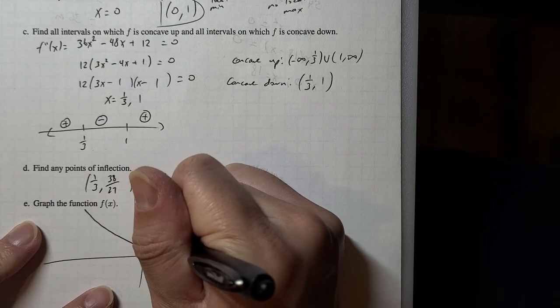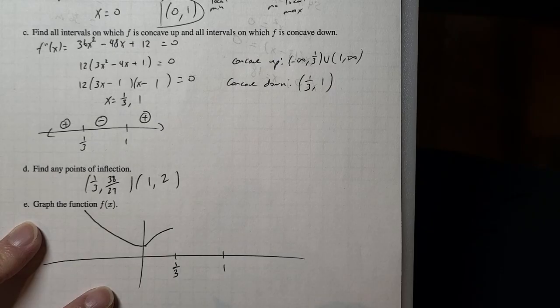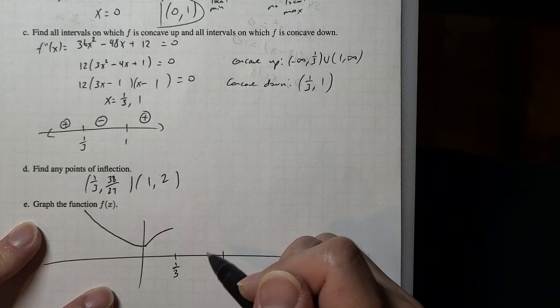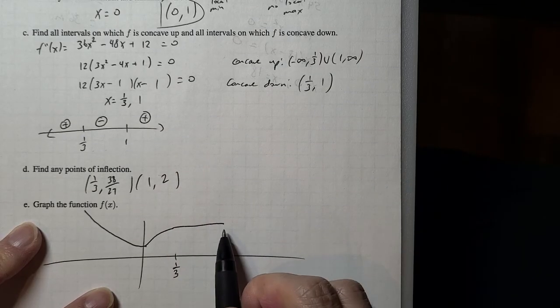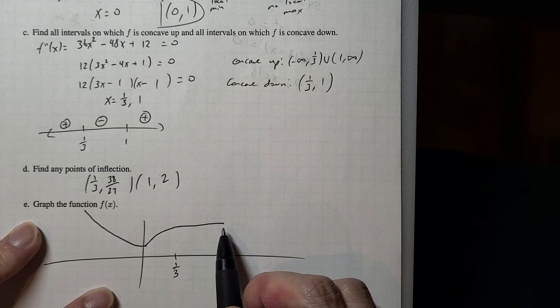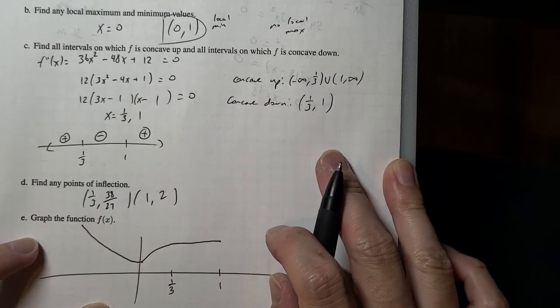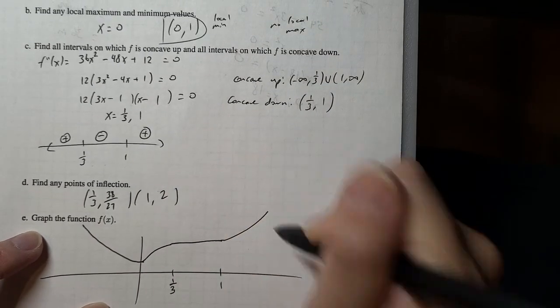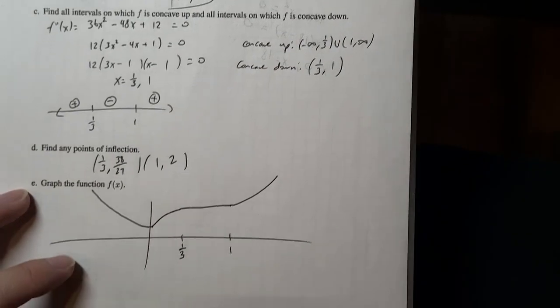It looks something like this. It'll be concave down and increasing until some point here, and then it'll be concave up again, and still increasing. Something like this. This is just a rough sketch.